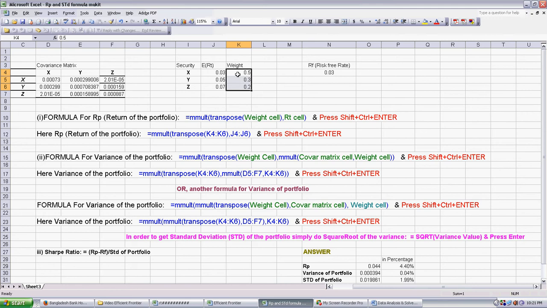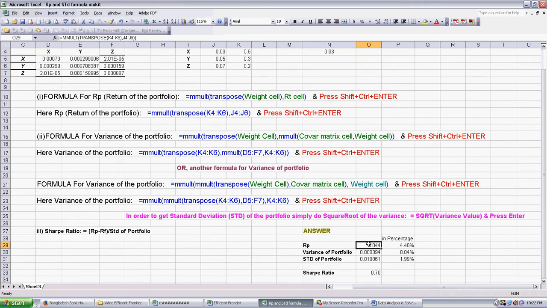It starts from K4 and ends with K6, so K4 to K6, first bracket, semicolon, and then the return cells, that starts from J4 to J6, and we then pressed shift control enter, and we got this result.